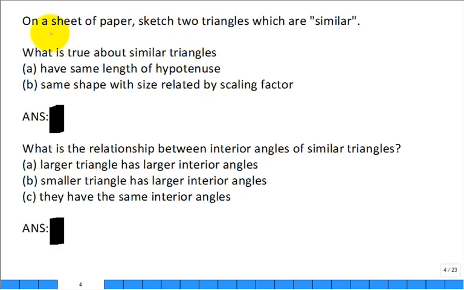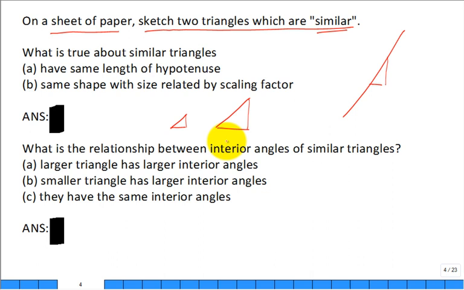On a sheet of paper, can you please just sketch two triangles which are similar? I know I just showed you two triangles that are similar, but one we often use a lot, which you'll see a lot in a textbook, has the hypotenuse overlapping on two similar right triangles. But they don't have to be. You can have two similar right triangles which look like this.